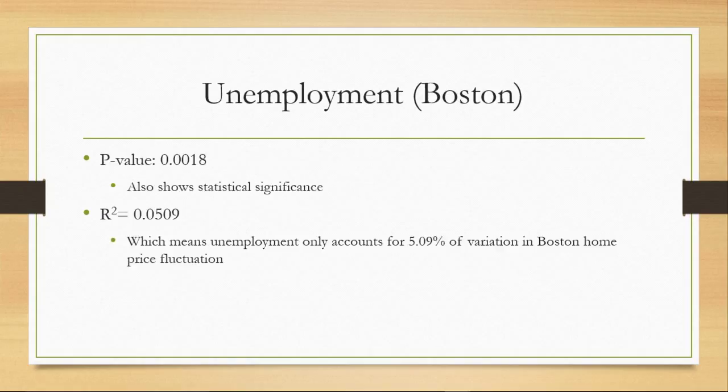For Boston, the p-value is 0.0018, which also shows statistical significance. The R-squared value is 0.0509, which means unemployment only accounts for 5.09% of the variation in Boston's home price fluctuation, which is about half of what accounted for Seattle's.